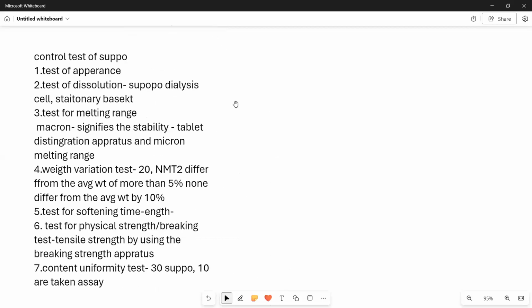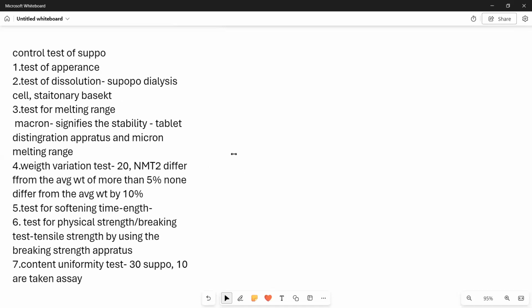Next, let us have a small discussion on the displacement value, which is a very important term under suppositories. The volume of suppositories from a particular mold is uniform, but the weight will vary because the density of the drug usually differs from the density of the base.